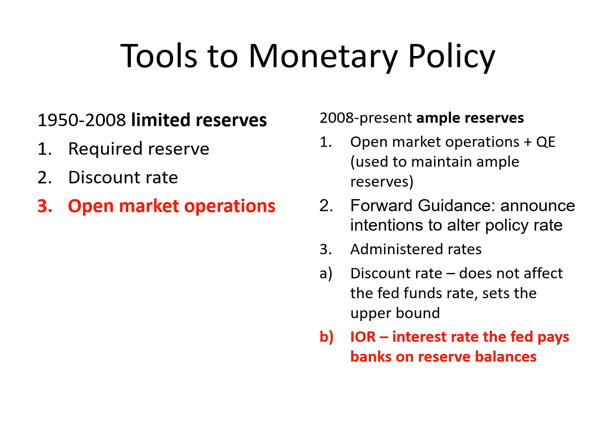In the ample reserves regime, the tools of monetary policy include the possible use of quantitative easing, which is glorified open market operations; forward guidance, which is in essence the Fed announcing to the financial and economic community its intentions on monetary policy and the Fed funds rate; and then the most important of the current Fed tools, the administered rates, the use of the discount rate and interest on reserve balances to adjust the Fed funds rate.